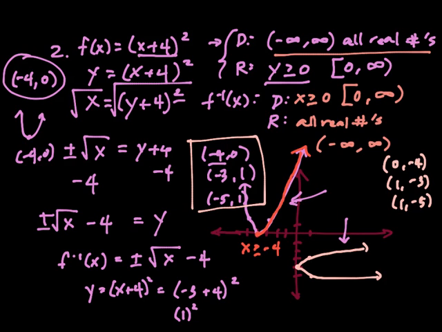Why? Because if I just take that and restrict this function for just that section, then my inverse is also going to just be this top portion right here. It's not going to include this bottom portion. So if I don't include that bottom portion, then I have a function as an inverse. Okay?